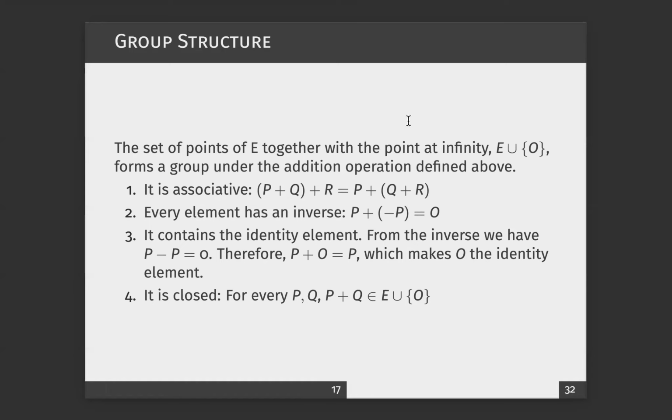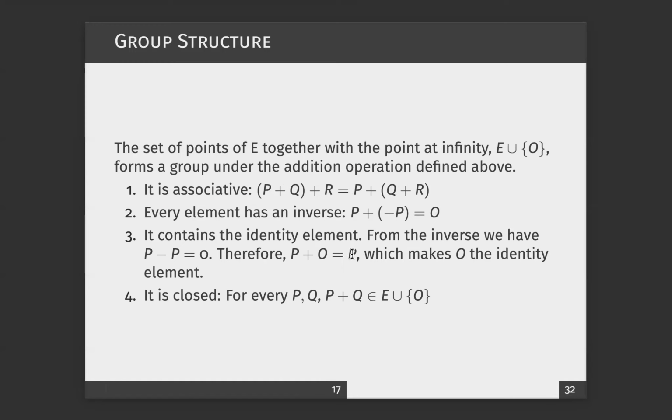Because if you add P and Q plus R, it's associative, no? You can get the same result by adding Q and R first before adding P, okay? And every element has an inverse, okay? And it contains the identity element, which is 0, or the point at infinity.